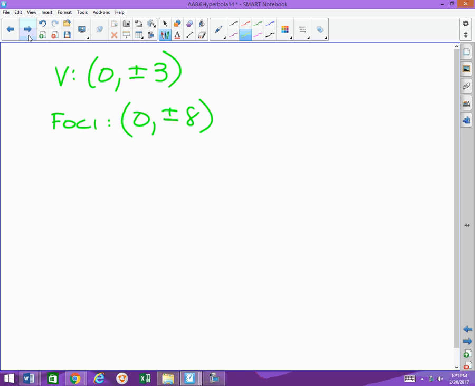And our next example here, we have vertices at 0, plus and minus 3, and focus points at 0, plus and minus 8. So 0, 3. And the focus points at 0, 8.